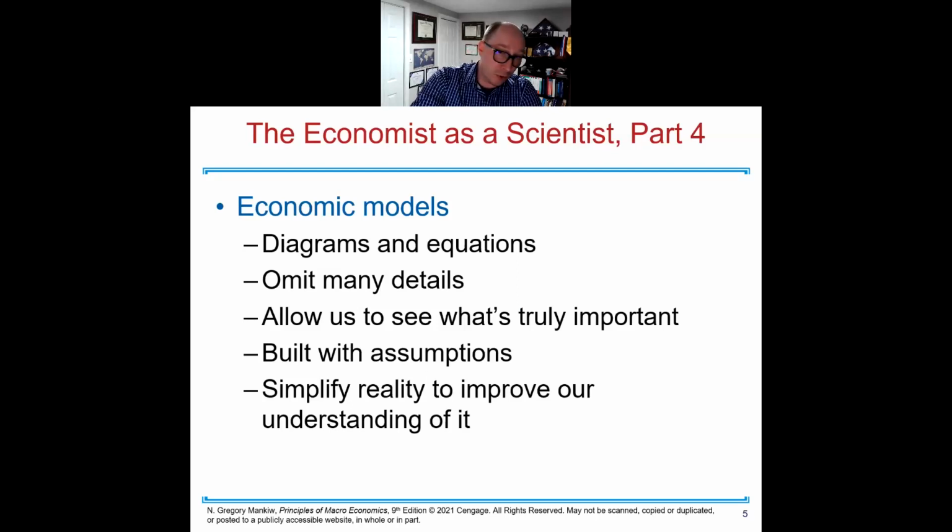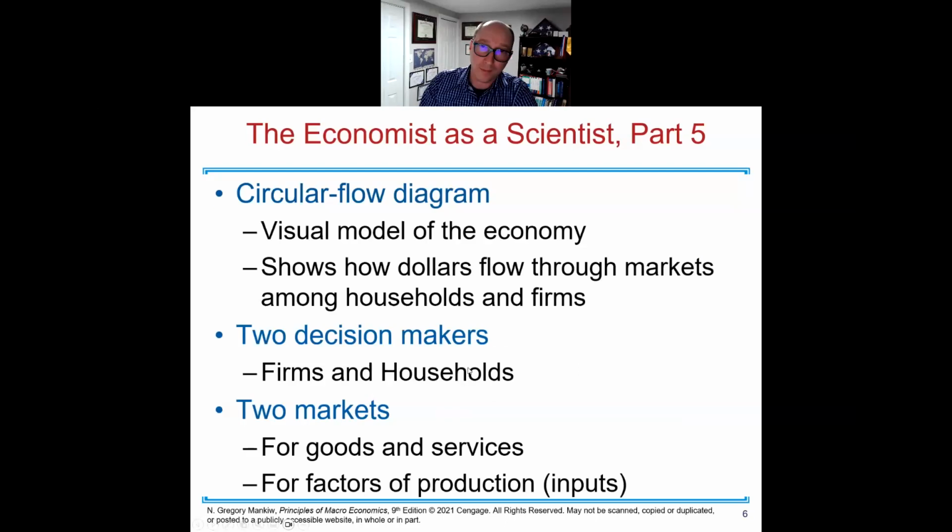It allows us to see what's important because we can see the graph and the direction that it's heading in. We build it with assumptions in mind, and we do it to simplify things, to make it understandable. So that's what is involved in developing economic models.